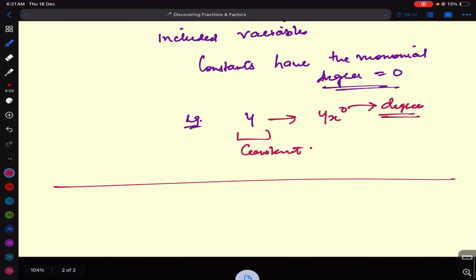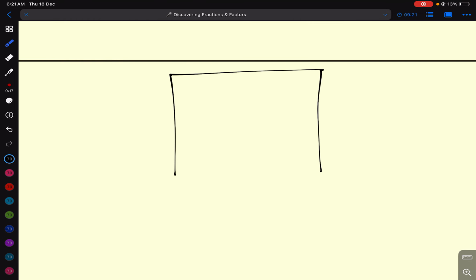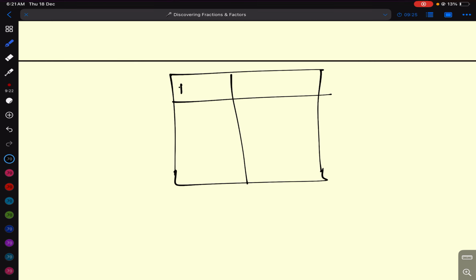Okay, so now I'll form a table wherein I'll be listing a few monomials and their respective degrees. Let's see what the table is. On the left we have a monomial, on the right we have the degree.